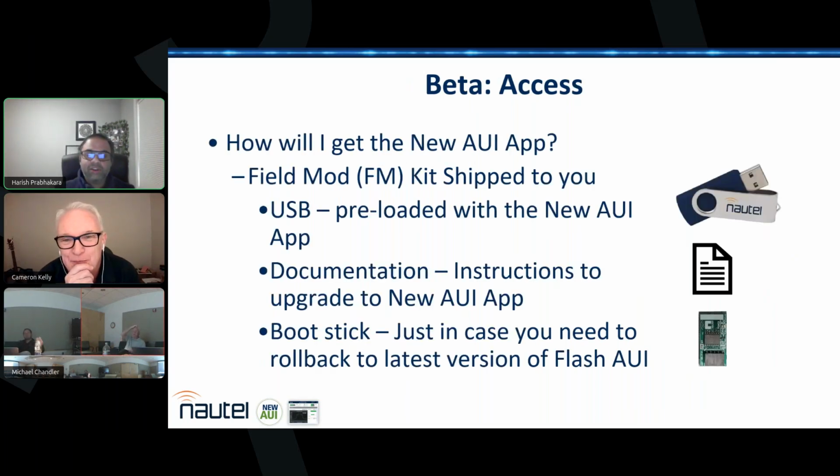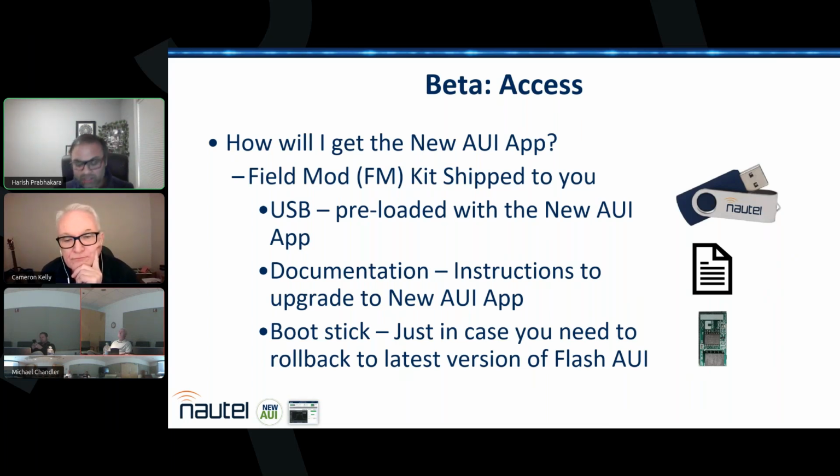In terms of the access, so how will I get my beta? So we will be shipping a field mod kit with 3 main components: the USB with the preloaded new AUI app software on it, and documentation which would have the instructions to walk through how to upgrade to the new AUI app. And we'll also include a boot stick just in case something breaks or major damage happens and you want to go back to the latest flash AUI, which we feel is an unlikely event to occur, but just in case it happens, we'll also be including a boot stick in the field mod kit.